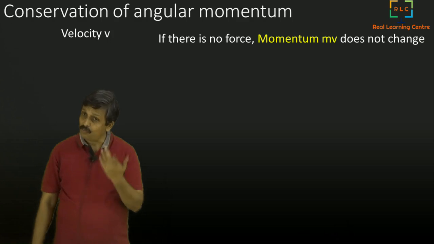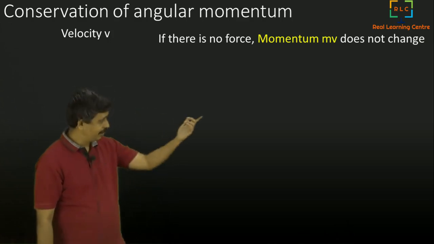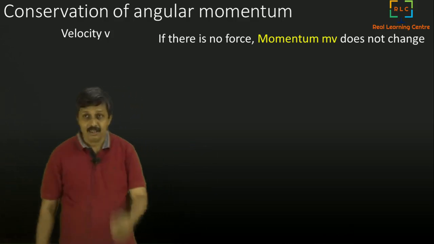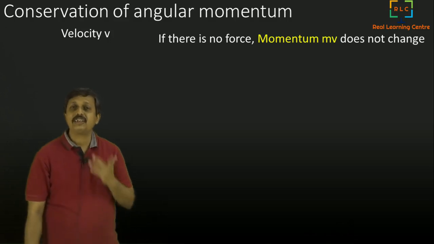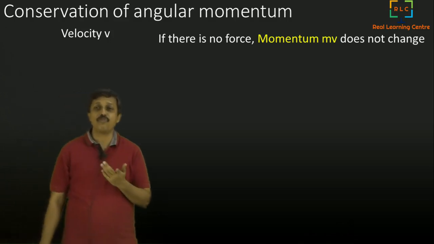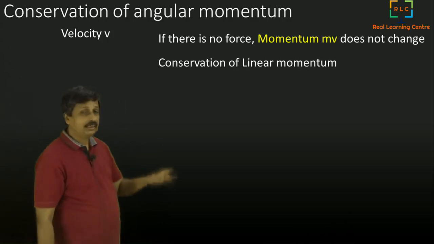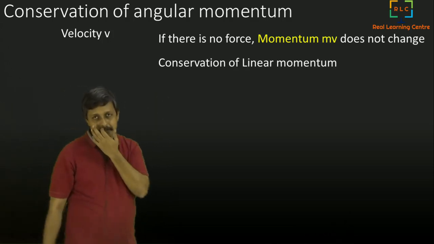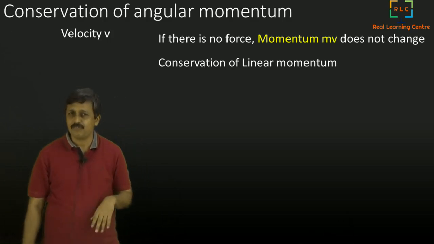So if there is no force, momentum mv does not change, because velocity does not change as per Newton's first law, and m does not change generally. That means if there is no force, mv remains the same. This is what we call conservation of linear momentum. It is quite simple to understand, and it is the same as Newton's first law.